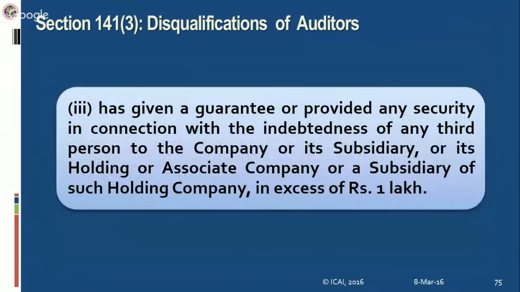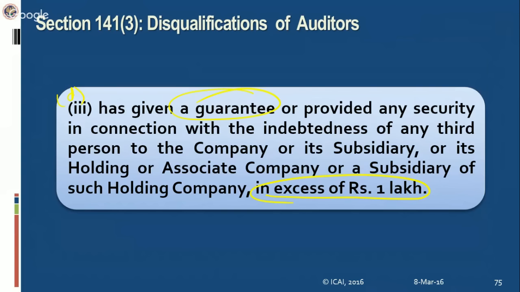This is 3D3. The 141, 3D3 clause: has given any guarantee or provided any security in connection with the indebtedness of any third person to the company, subsidiary. Again there are 5 possibilities, and in excess of 1 lakh. Here we are talking about guarantee, given any guarantee. One clause: holding of any security. However, a relative may hold security of face value not exceeding 1 lakh.